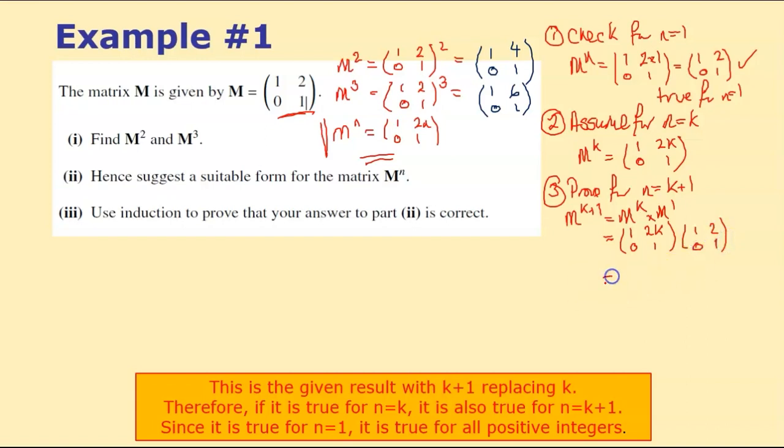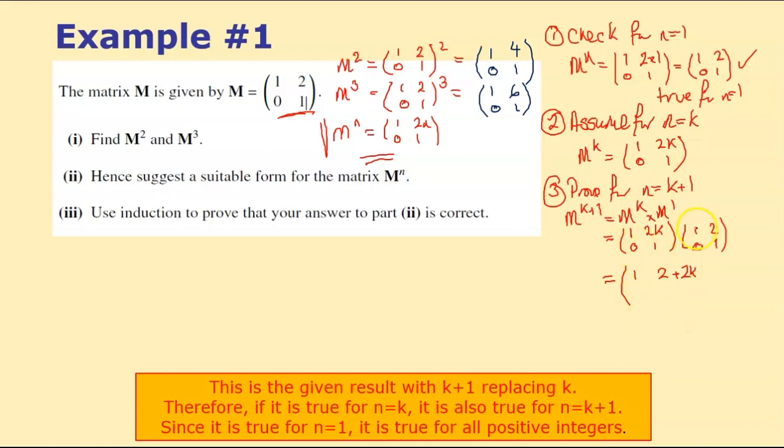So let's just go through. Last time it's fairly obvious what happened. Let's see if it is here. 1 times 1 is, well, that's 1. And then 2k times 0 is, yeah, so if there's obvious working out, you should show it, but it might not be. So 1 times 2 is 2. Here there is. 2k times 1 is there.